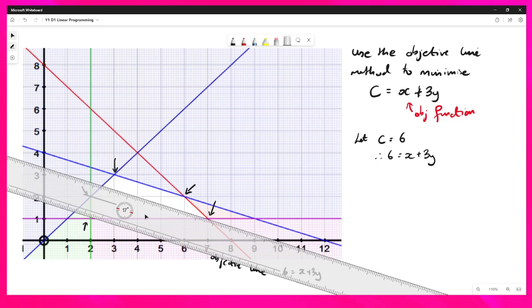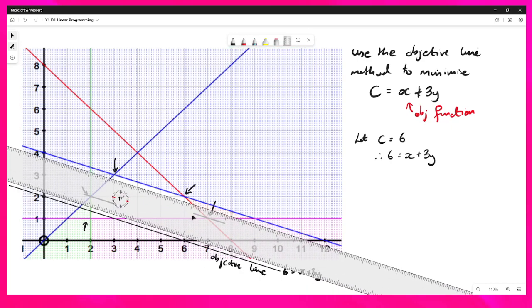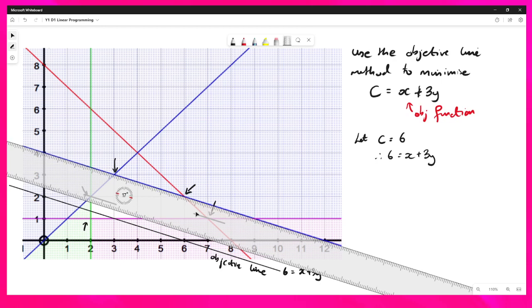Same thing with this line here. At this line, our objective line again crosses through the feasible region. And we can do that at every single line.